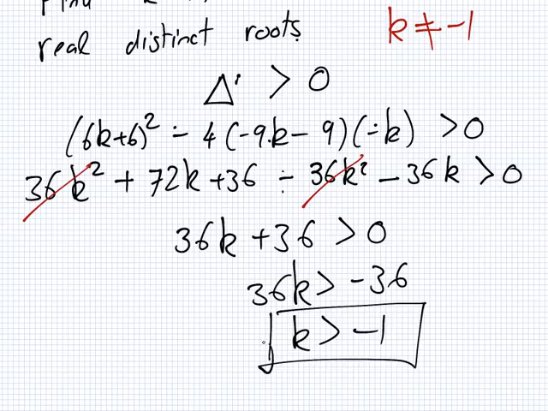So this is the answer here. So it has two roots? No, we know it has two roots because that's given to us. And we're asking what is the requirement on the k. K must be bigger than minus 1, so it has its two roots. Okay, write that down if you didn't get it, and I'll give you some questions to try now.